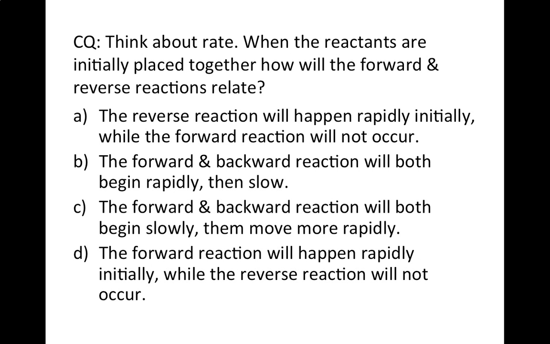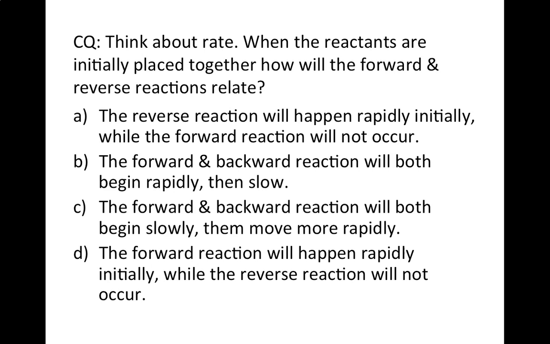So if we think about rate, this is a clicker question for us. When the reactants are initially placed together, how will the forward and reverse reactions relate? Look at those answers for a moment. Well, initially, if we think about it, I take a beaker or an Erlenmeyer flask and I put two liquids into it.